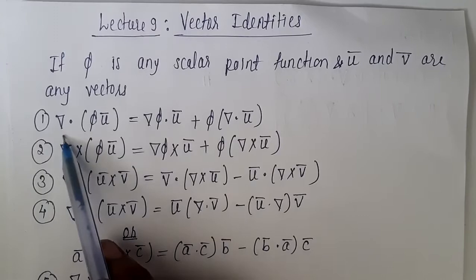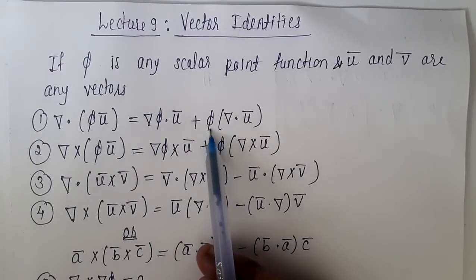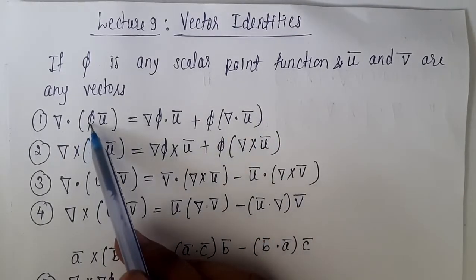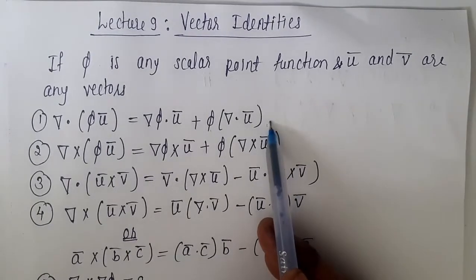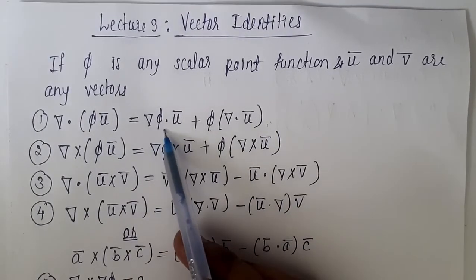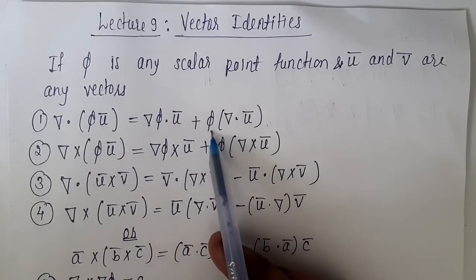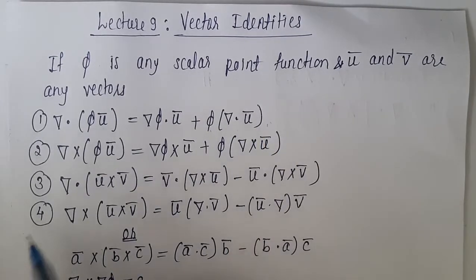It is del of phi dot u bar plus phi multiplied by del dot u bar. So whenever there is a scalar function multiplied by a vector function, we have to use this identity: del of scalar function dot vector function plus scalar function into del dot vector function.